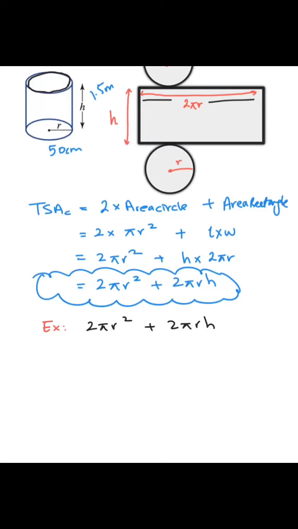So before I start subbing things in, I'm going to write down that my r is 50 centimetres and my h is 1.5 metres. I need to convert either my centimetres into metres or my metres into centimetres. Let's convert our metres into centimetres, so we times 1.5 by 100 because there's 100 centimetres in a metre, and that gives us 150 centimetres. Now, since they're both in the same unit, we can sub our values in.